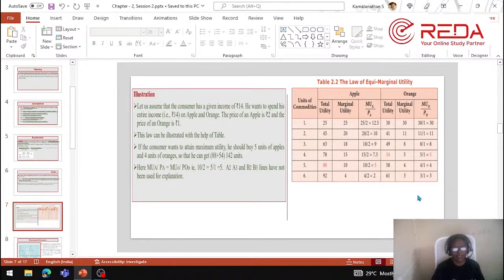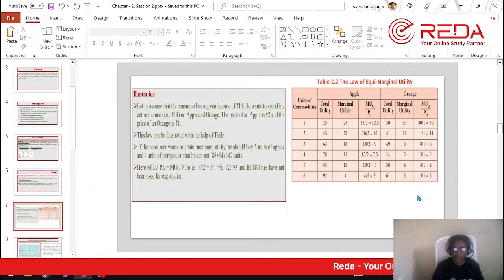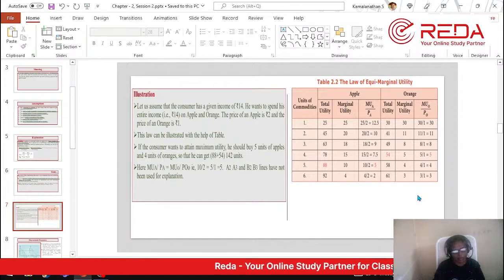So in this case, the consumer will be getting an equal level of satisfaction, 5 and 5, when he purchases 5 units of apples and 4 units of oranges. In purchasing both apples and oranges, his total utility will be 88 plus 54 equal to 142 utils or units. Okay, this is the concept given by Marshall.